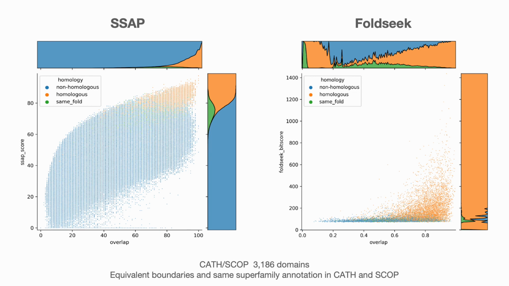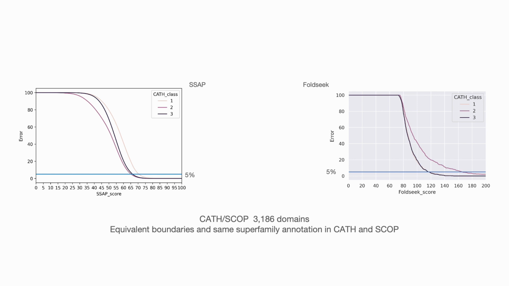And then by knowing the relationship between the superfamilies, whether they're homologous or non-homologous for these domains, we were able to set up some thresholds to detect homology using these tools. We also noticed that these tools behave differently depending on the CATH class, whether they are mainly alpha, mainly beta, or mixed, so we had to come up with different thresholds for different classes.